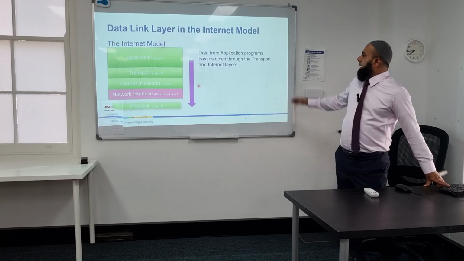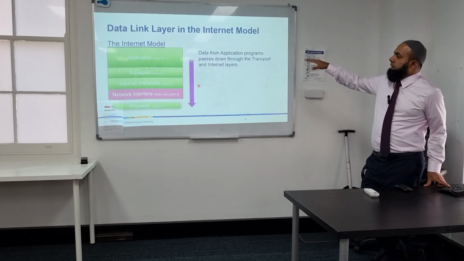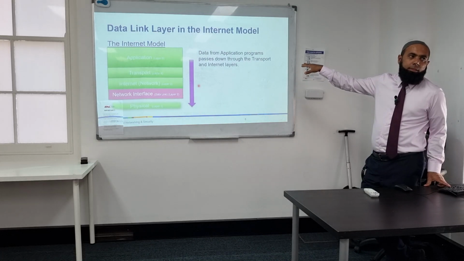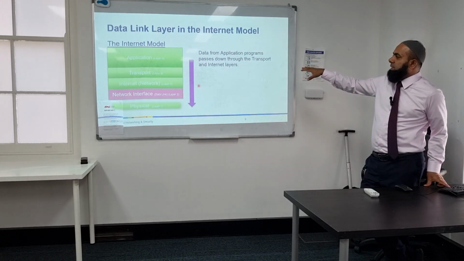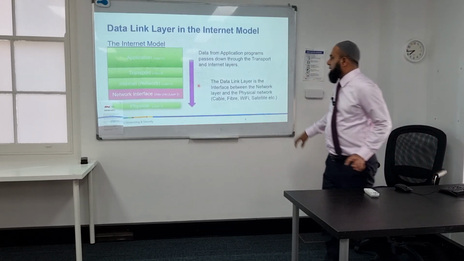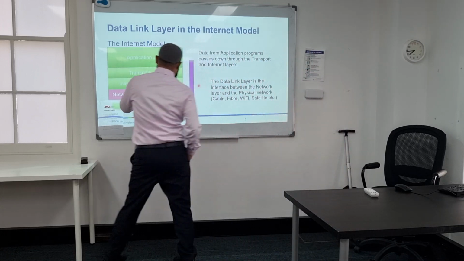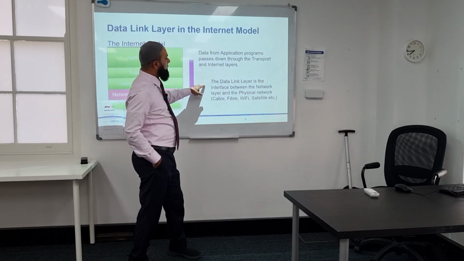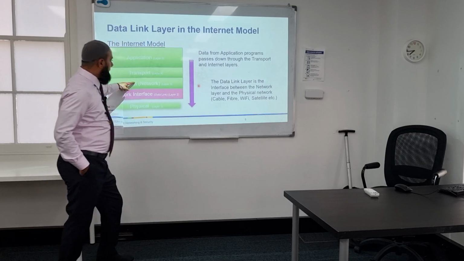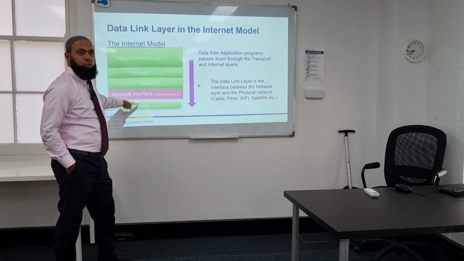Data from application programs passes down through the transport and internet layers. We haven't yet touched the transport and internet layers. Right now we are looking at the data link layer, which is the interface between the network layer and the physical layer.